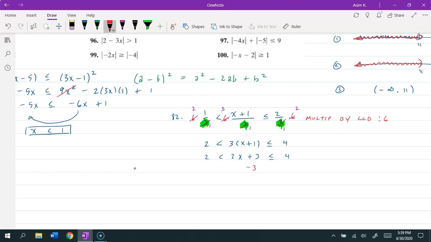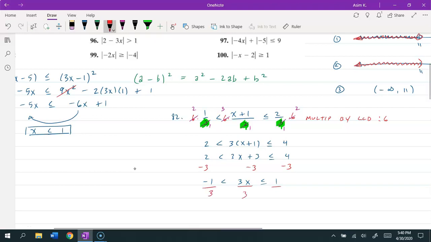And this is kind of the same as the homework that you guys previously had, just go ahead and subtract 3 on all sides. So you'll have negative 1, you'll have 3x, and you'll have positive 1. And finally, the last step is to go ahead and divide everything by 3.